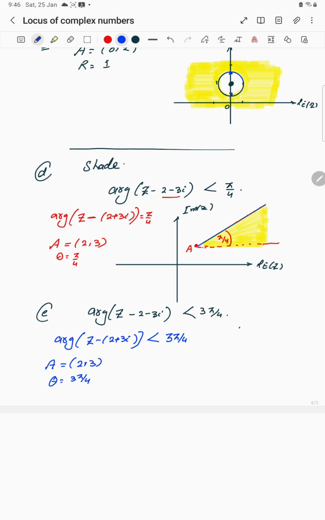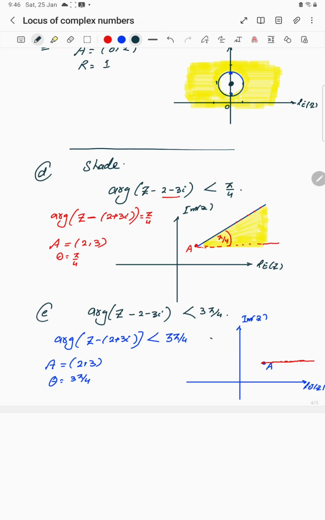First we will draw this. This is the real axis and this is the imaginary axis of z. 2, 3 suppose here, A is here, and from A a line parallel to the real axis is here, right? This is parallel to the real axis, and we need to make a line that makes angle 3 pi by 4.